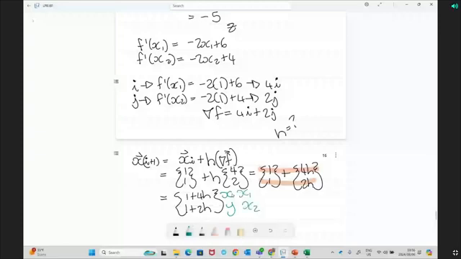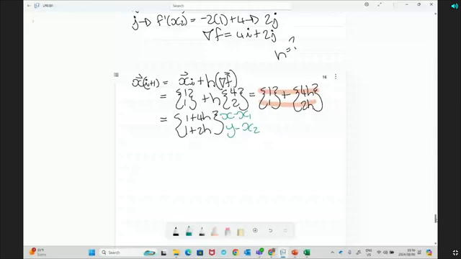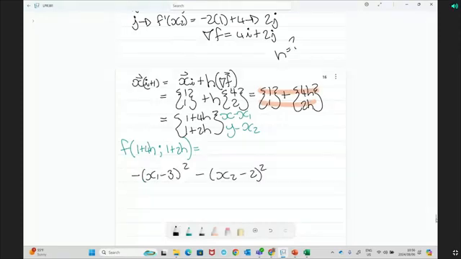Now I have it in terms of h, so I'm going to substitute back. Into my original function, I substitute into x1, 1 plus 4h. Into x2, I substitute 1 plus 2h. So I'm going back to my original function, that whole minus (x1 minus 3) squared minus (x2 minus 2) squared.